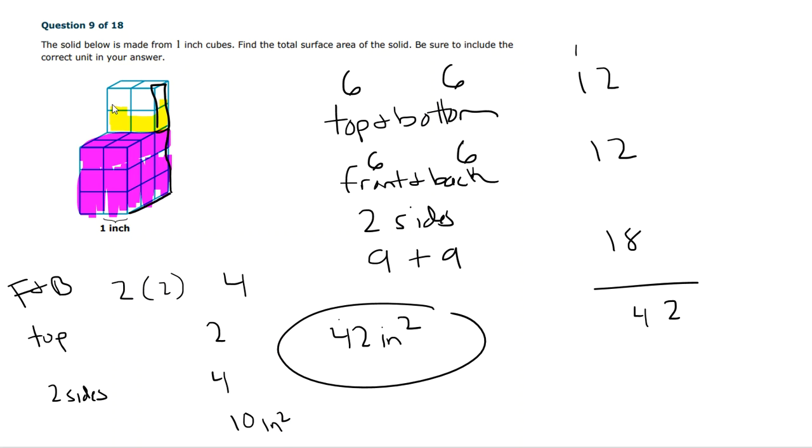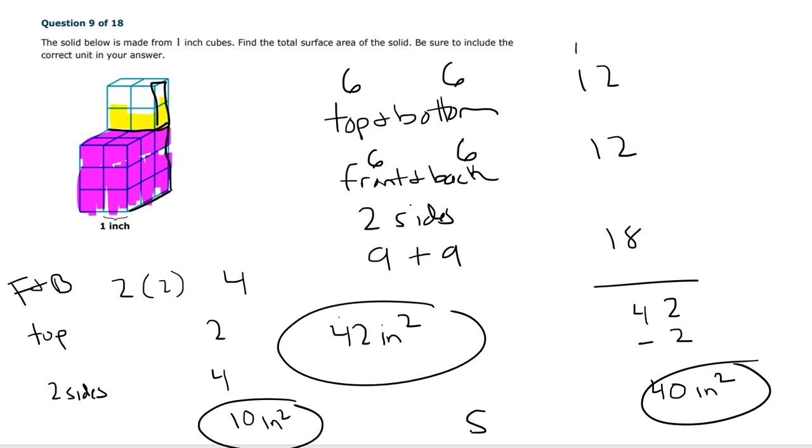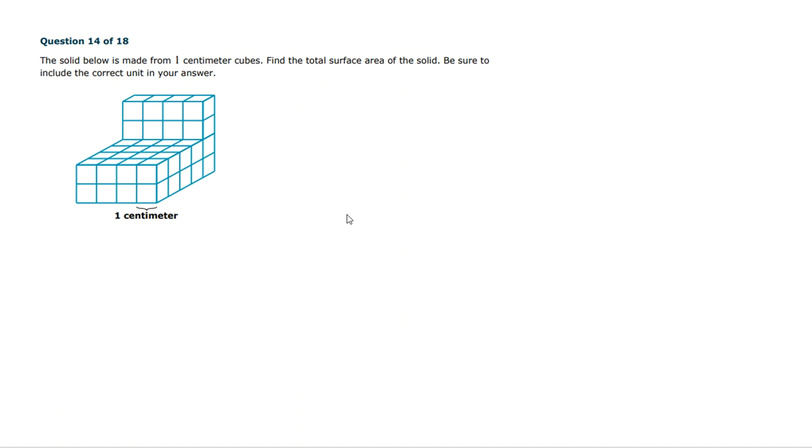But when we look at these two shapes right here that are put together, this part right here, where this is on top of the other part, that area is not actually surface area, okay? So that's a 1 by 2 rectangle that we're going to have to subtract out. So we're going to add 40 inches squared with 10 inches squared, and we end up getting 50 inches squared on that one. Okay, so let's go ahead and look at another one of those.